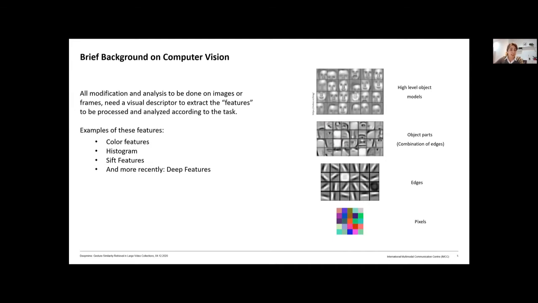I'm talking about deep features because they are also used in our work. They are based on neural networks: the input image is given to the network, and at the lower levels the extracted features are more toward edges and shapes, and the deeper the network gets, the more semantic and higher-level the extracted features are.